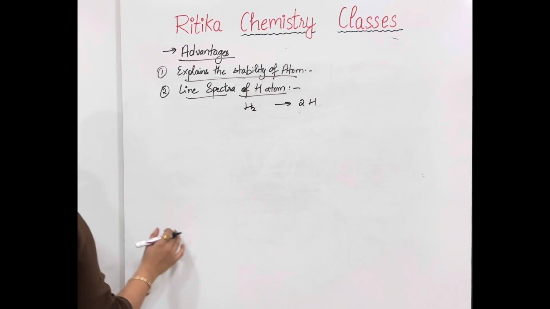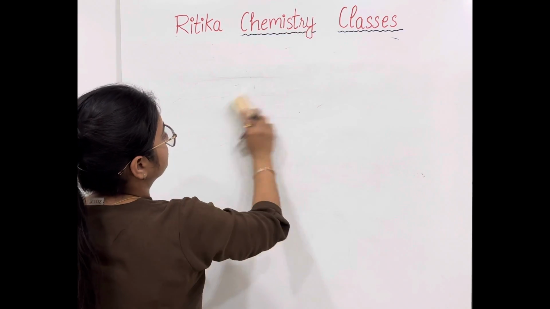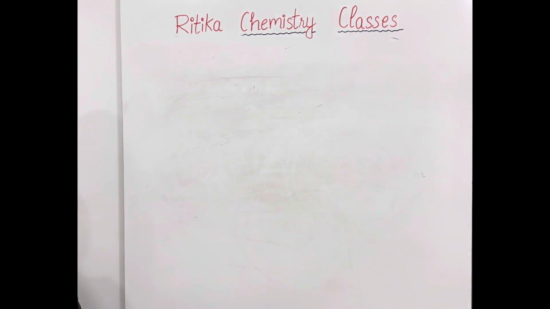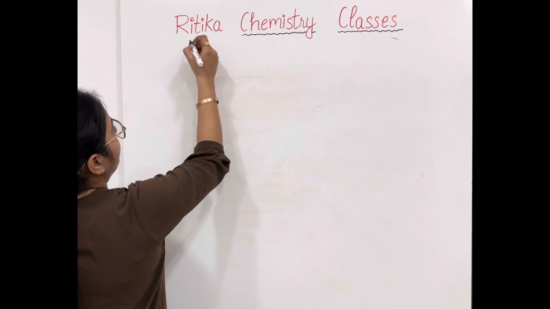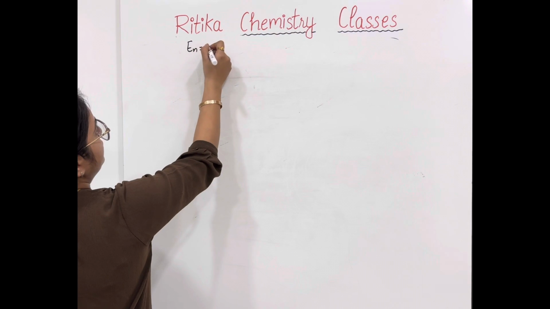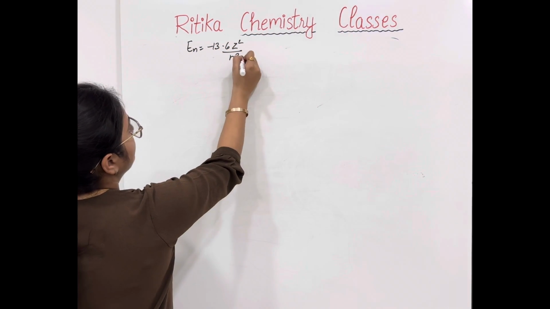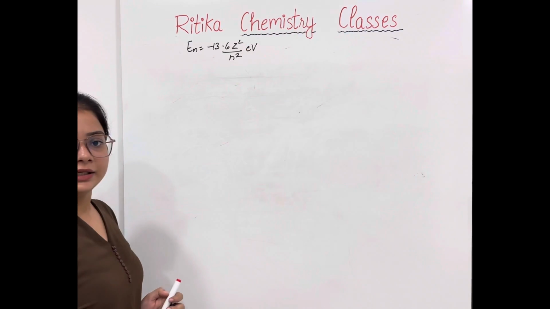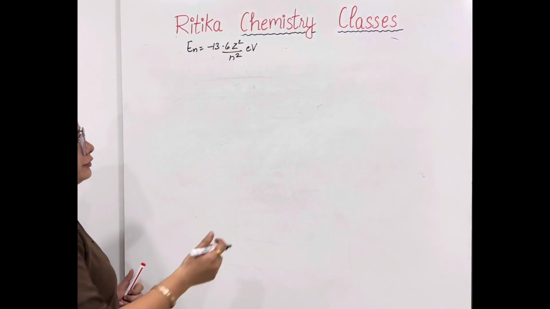Let us see. You know that the energy of electron is given by minus 13.6 Z square upon n square, in terms of electron volt. For hydrogen atom, the value of Z is 1.